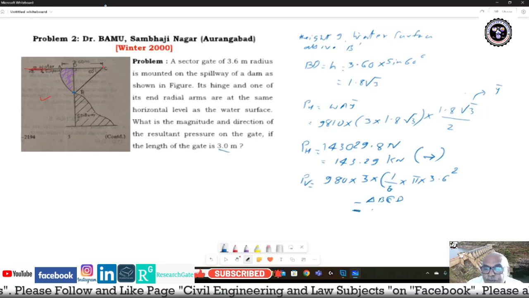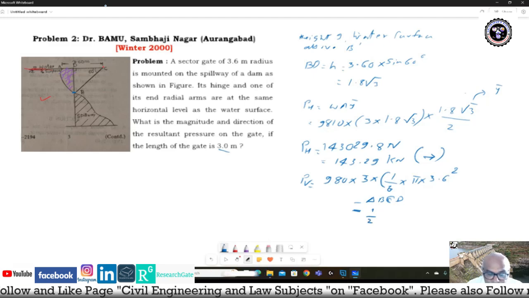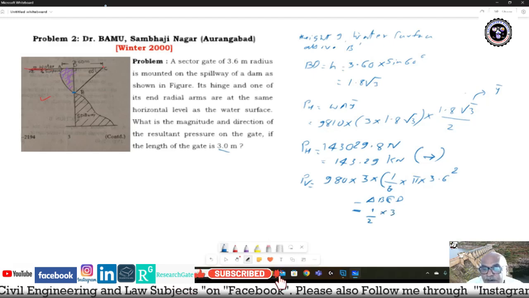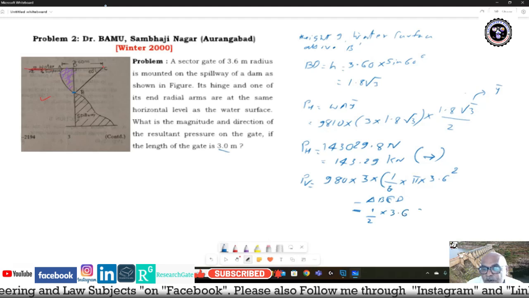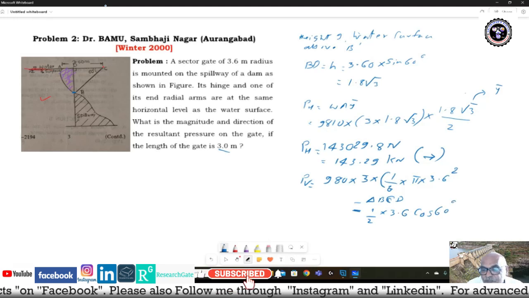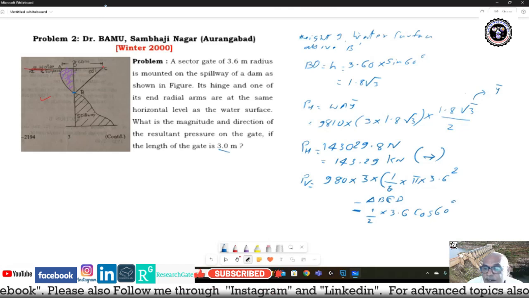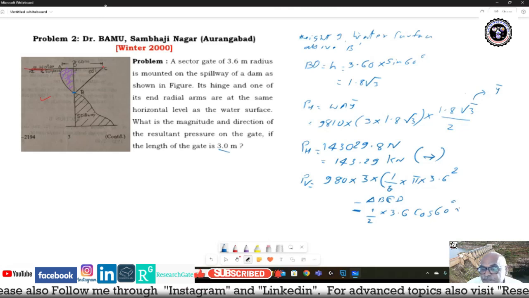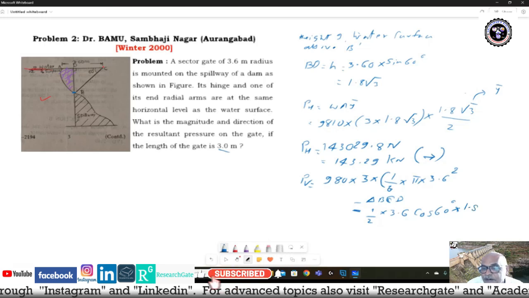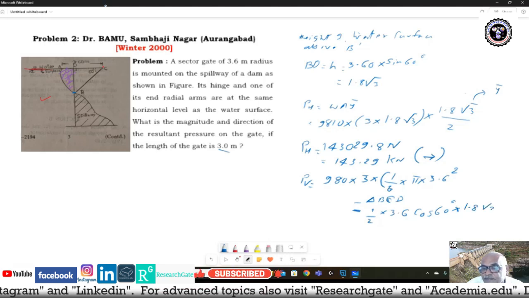That is minus 1 by 2 into 3.6 cos 60 degree into 1.8 root 3.